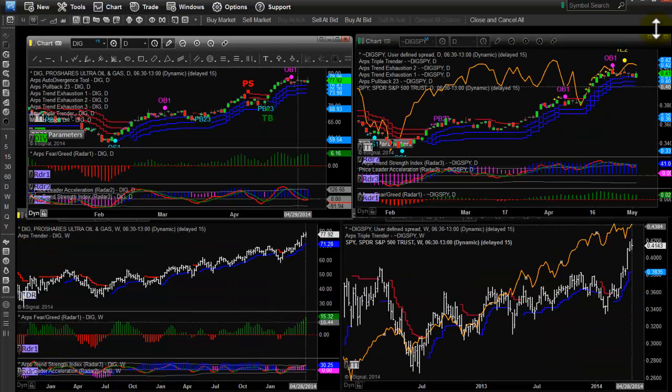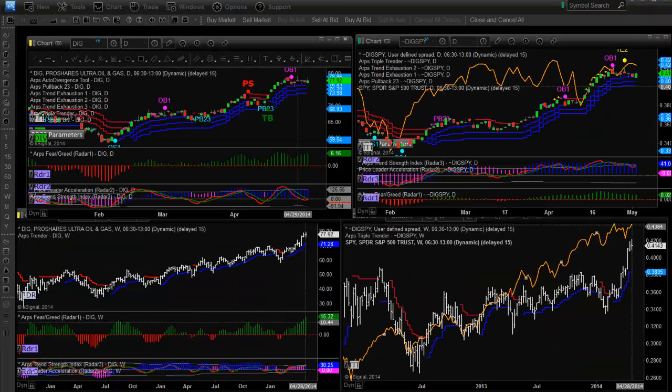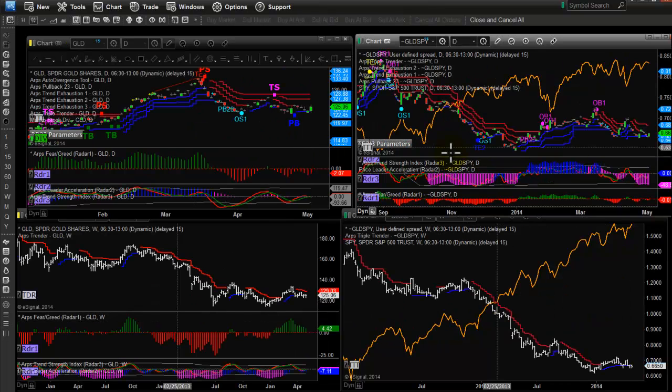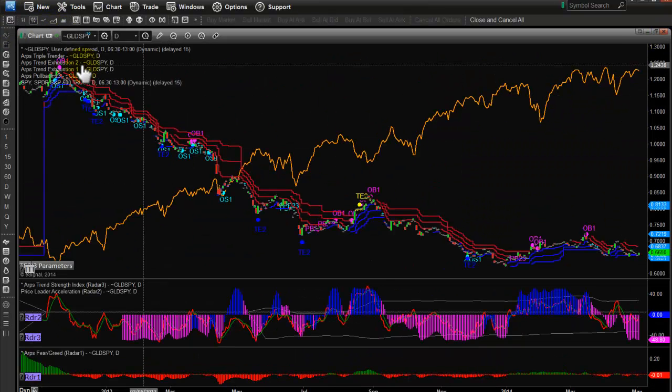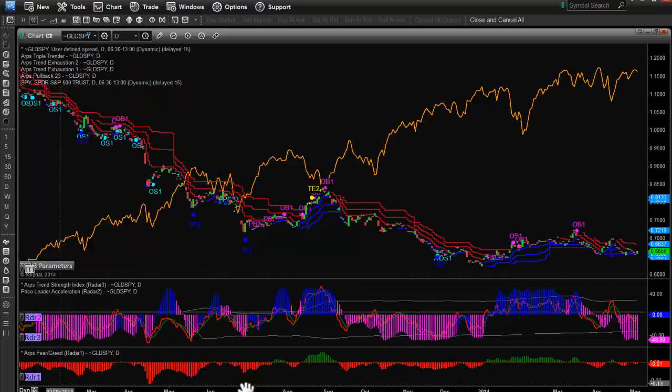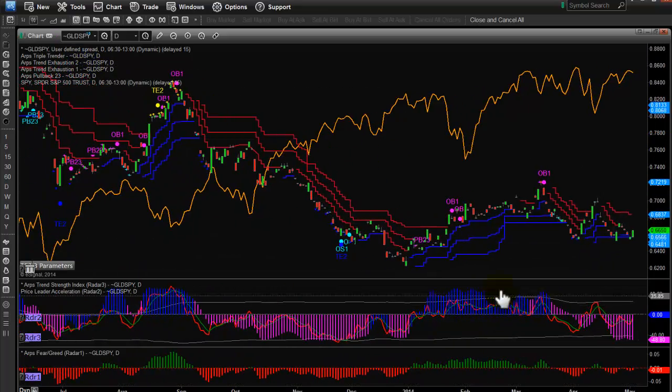Let's take a look at gold markets relative to the S&P for just a moment. Now this is interesting. In our daily relative strength chart, although gold has been bottoming for about 5 or 6 months now, we see there was some buying pressure up into March, then it sold off.